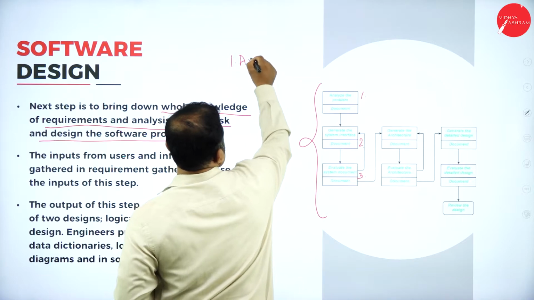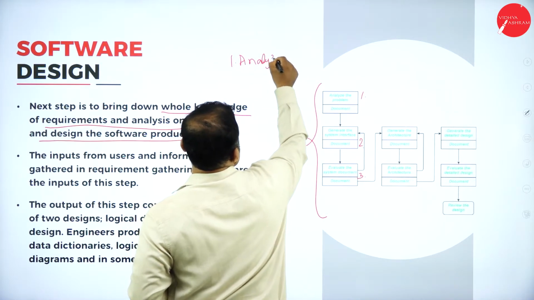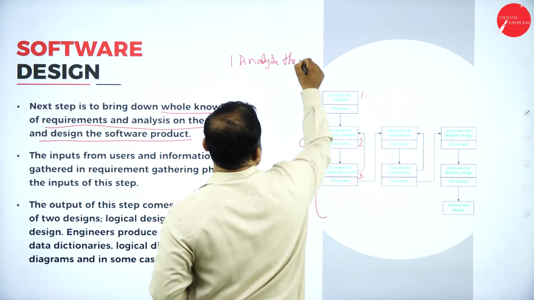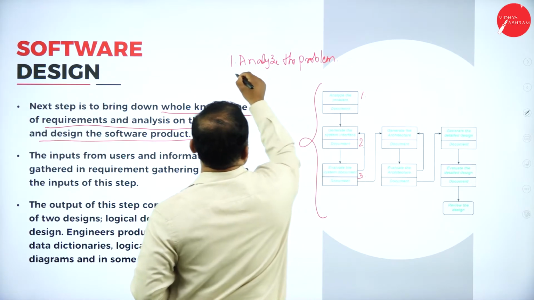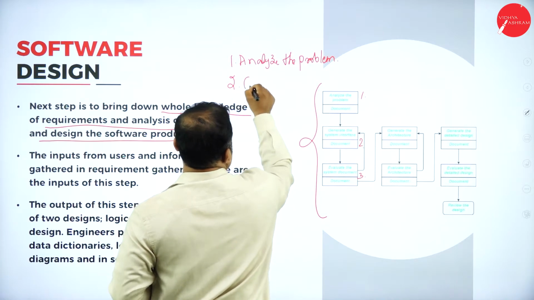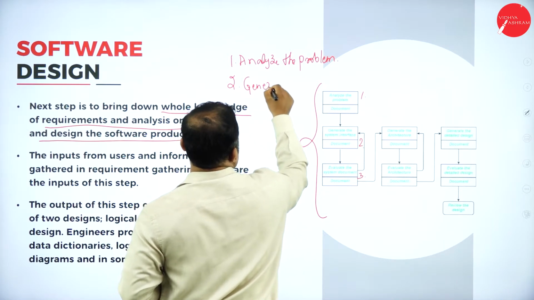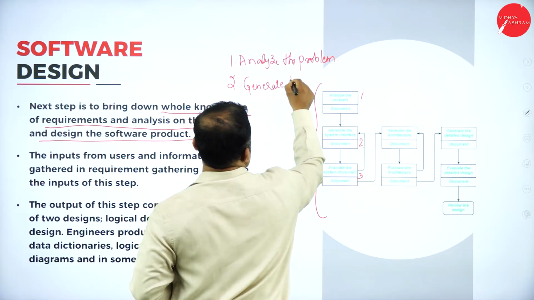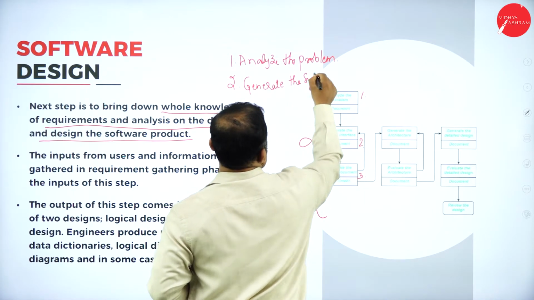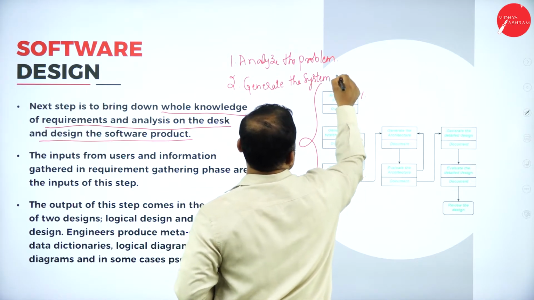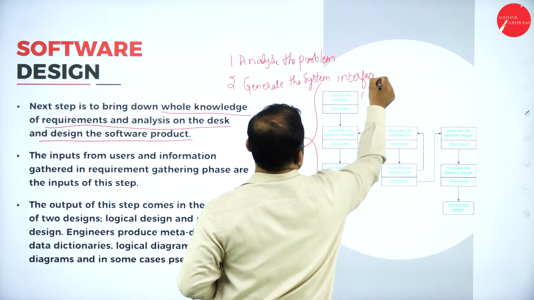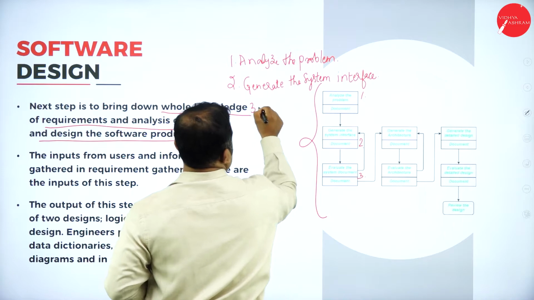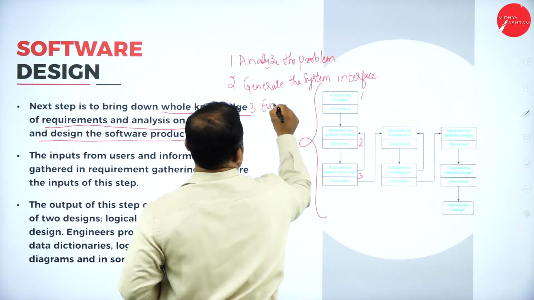First, analyze the problem. Second one, generate the system interface. Third one, evaluate the system document.